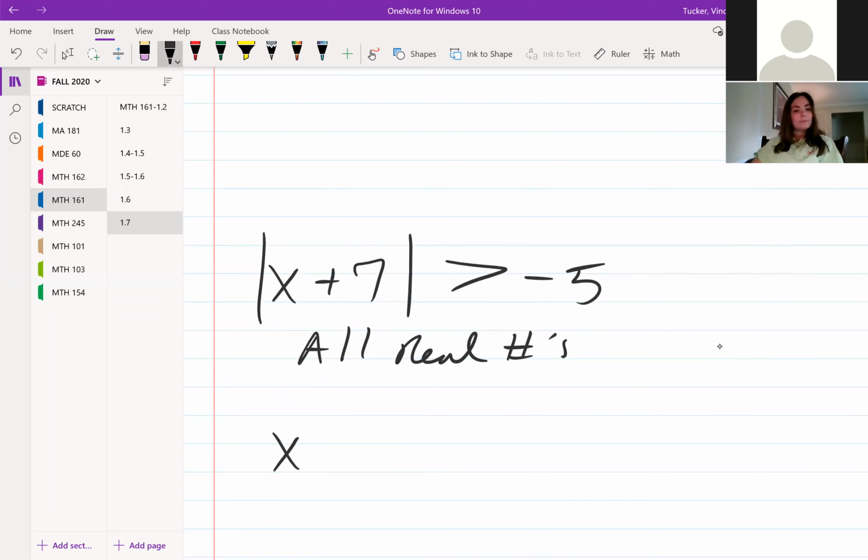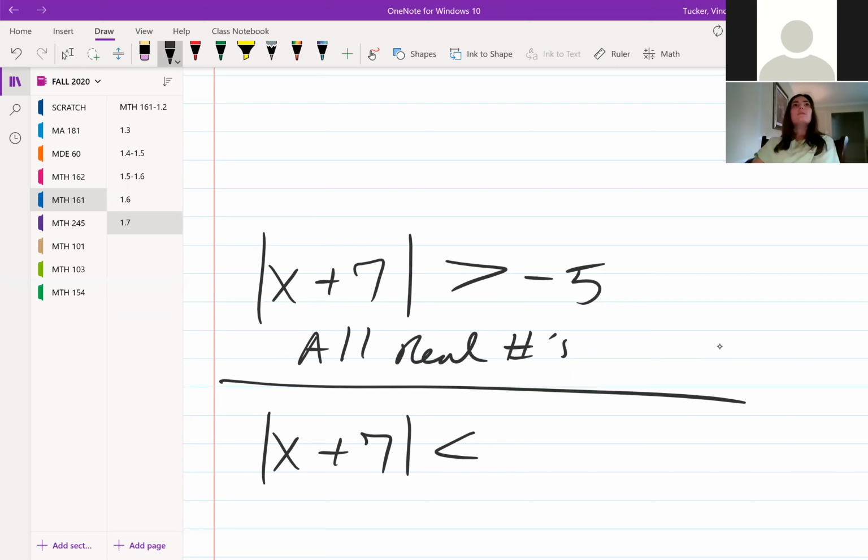So in the same fashion, if I want to know when is the absolute value of x plus 7 less than negative 5, that answer would actually be no solution, because absolute value is never less than a negative. So don't forget your absolute values.